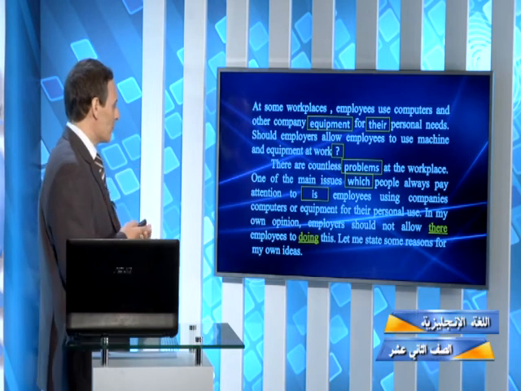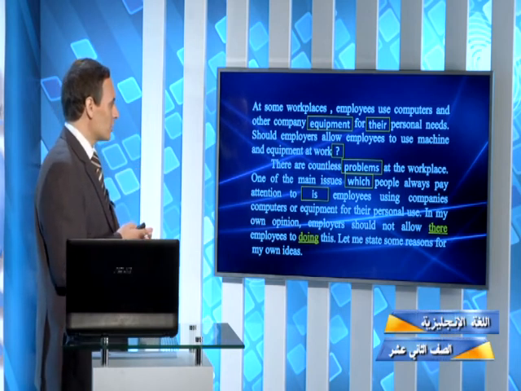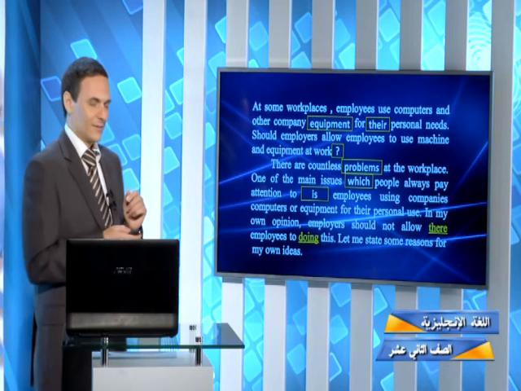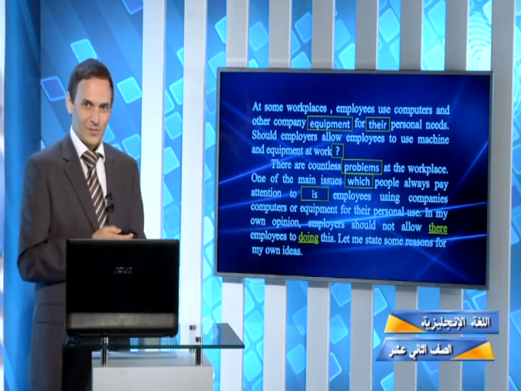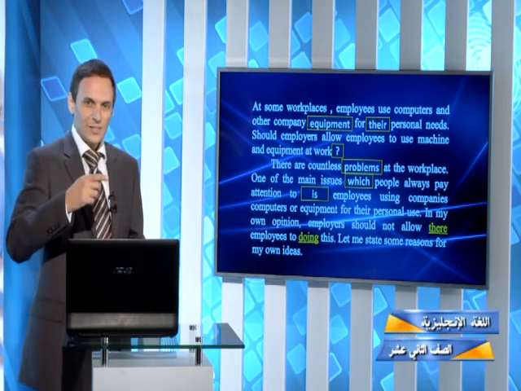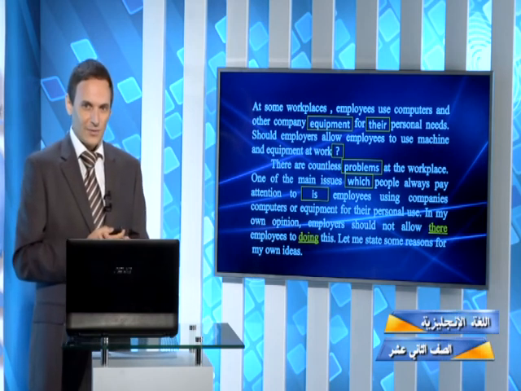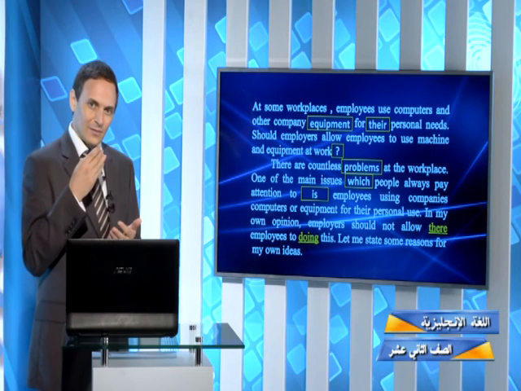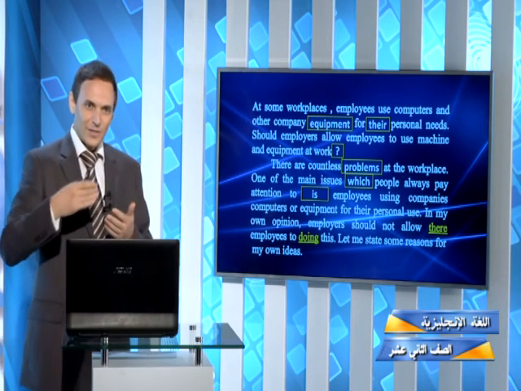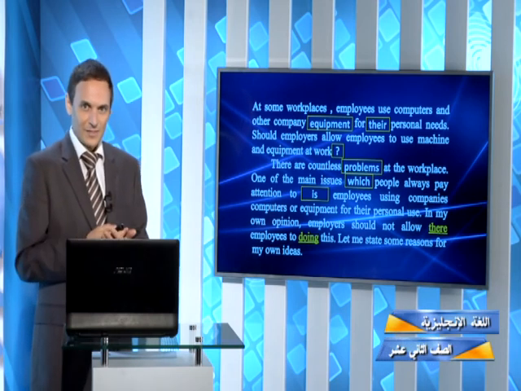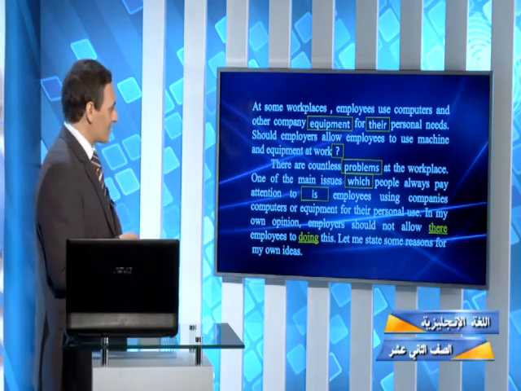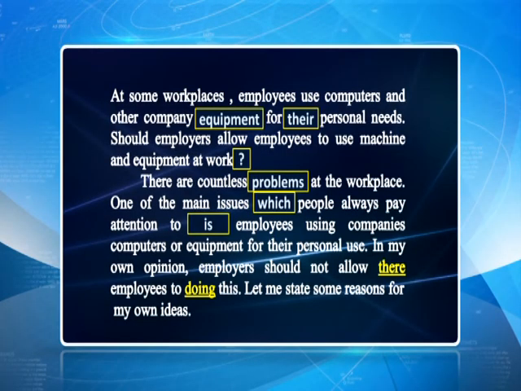In my own opinion, employers should not allow their. Okay, we've seen this before. That's why students repeat the same mistake again and again throughout their writings. If you find one mistake, you can correct 3 or 4 other mistakes. Okay? So here, the writer made the mistake again.